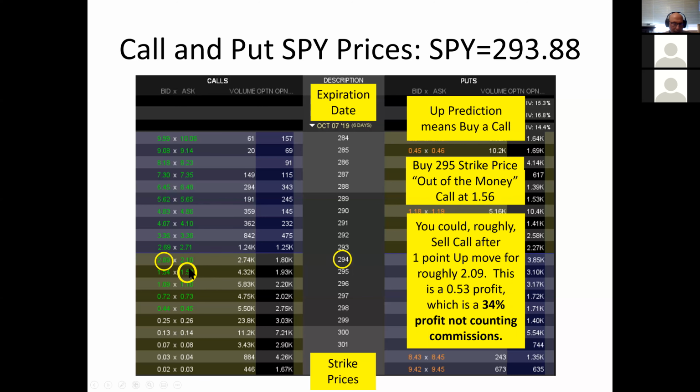Roughly, if during the day this moved 1 point and went from 294 to 295, it would be a really good estimate that the price would be at 209, because these prices, you see how they vary, they go up as the price here goes down.